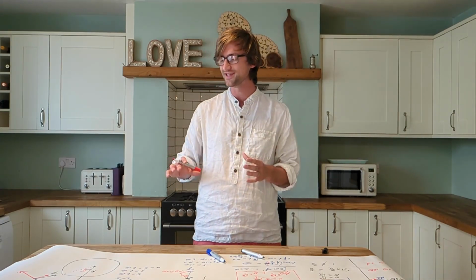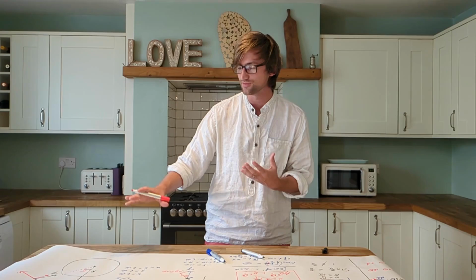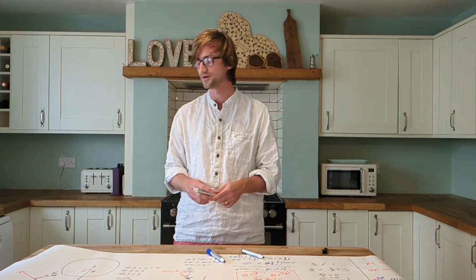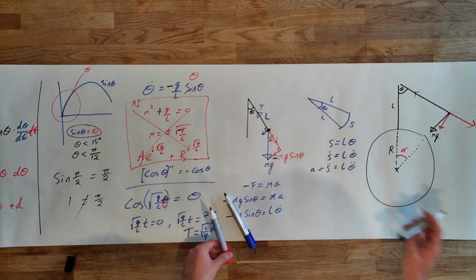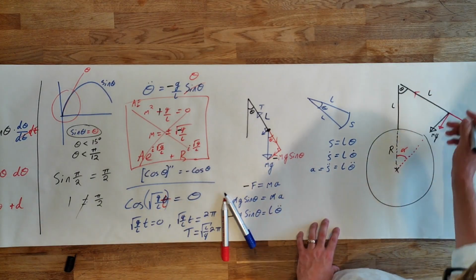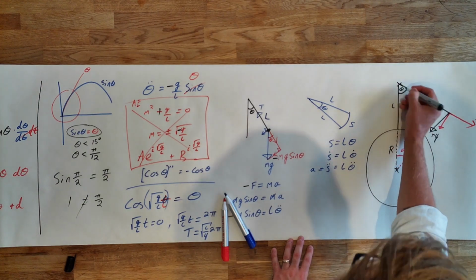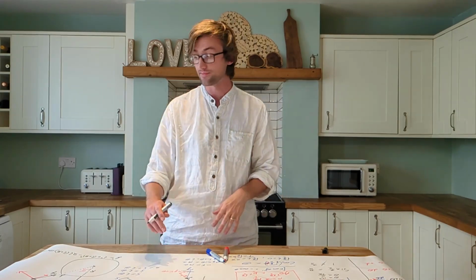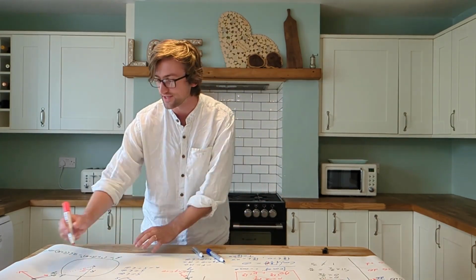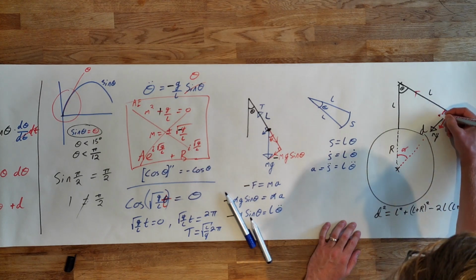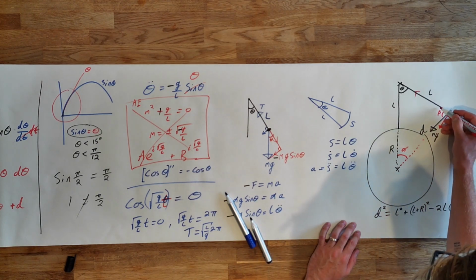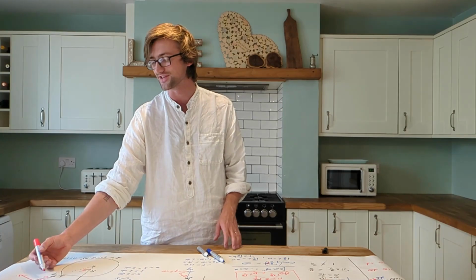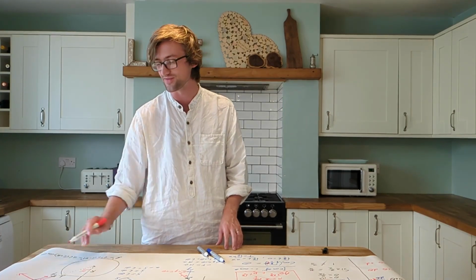And what we want to do is try to understand the geometry of this shape and see if we can figure out what these force components might end up being. So to begin with, it might be helpful to label this length as L as well, because that is the length of the pendulum string. There's the length, there's the radius. And I might go ahead and label this angle here beta as well, because then I can draw this vector, which is going to be the component in the perpendicular direction.